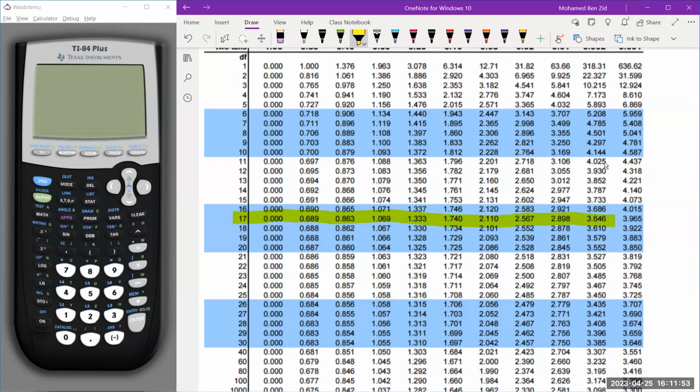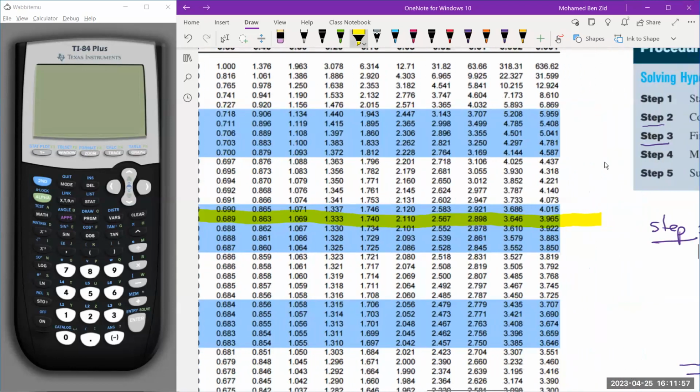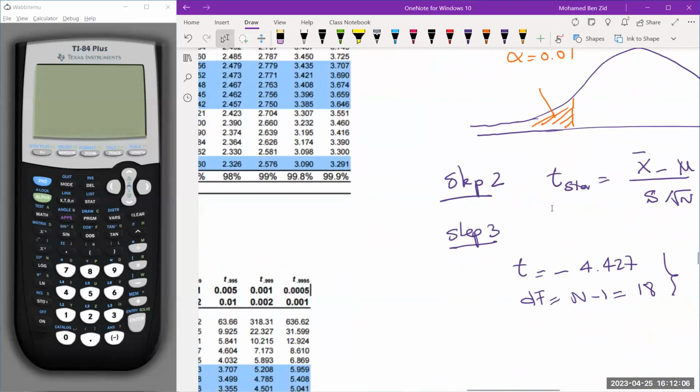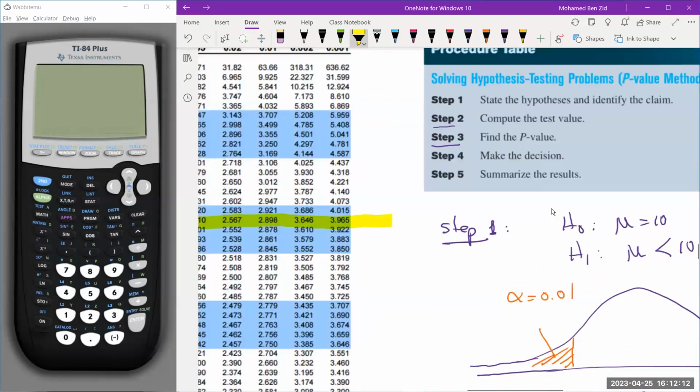And I have to keep extending it, all right, until I get a value of 4.427, right? And you notice here, this is this value here, all right? Don't worry about the minus sign, 4.427. So obviously 4.427 can be somewhere here after the 3.9, right? It can be somewhere there.